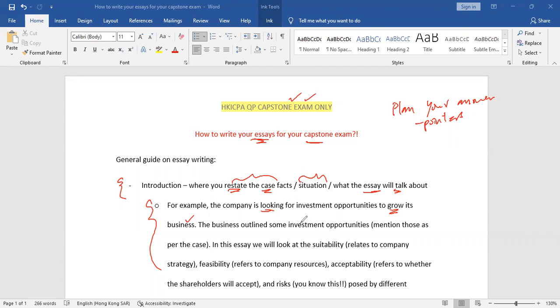In the case study, you might see that the business has outlined some investment opportunities that they are considering, and they would be mentioned in your case study. You must study them beforehand before going to the exam. This could be a very expected question once you have read your case study.